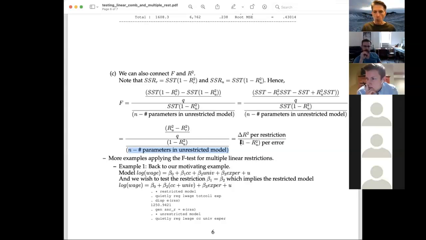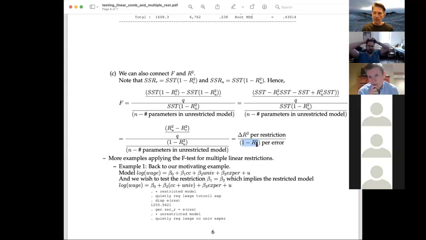So what this does is it says, okay, what's the proportion of the total variation in Y that's not explained by the regressors? That's 1 minus R squared. And then it's going to look at that and say, okay, what's the average per observation?